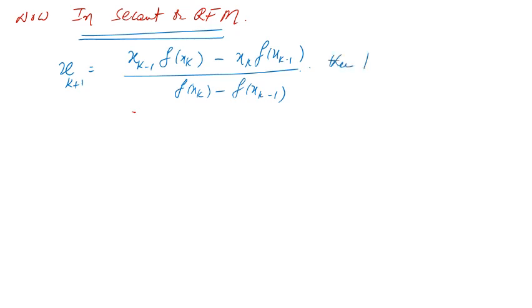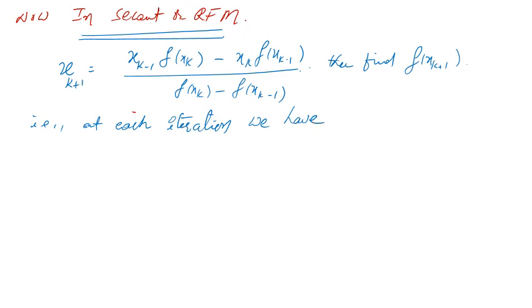Then find f of xk plus 1, right? That is, at each iteration we have to find what values? f of xk, f of xk minus 1 firstly, then find f of xk plus 1.